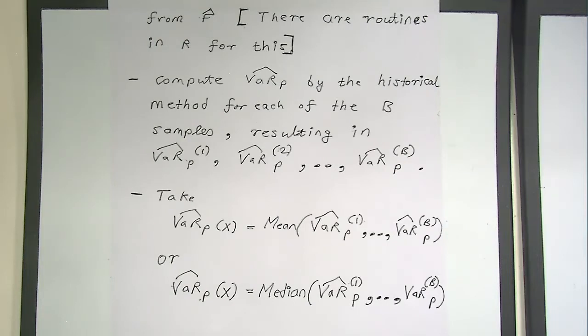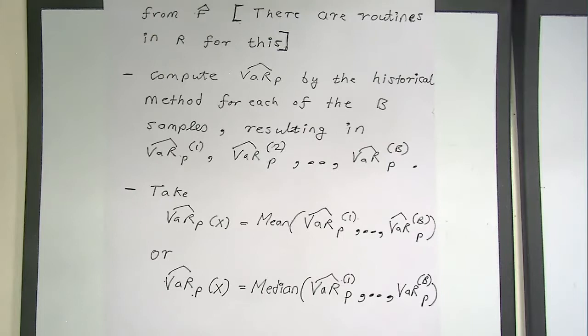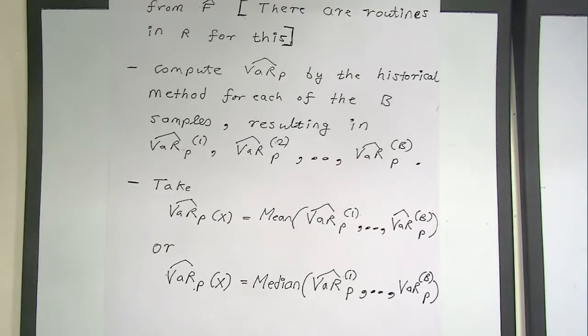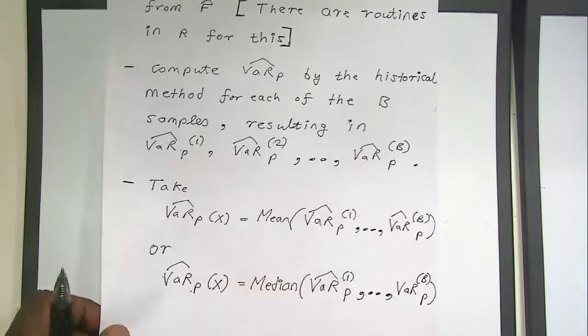So you have B different estimates for VaR, and the final step says take the final estimate as either the mean or the median of these estimates. Any questions so far? If you have any questions, let me know, guys, please. So that's the bootstrap method.